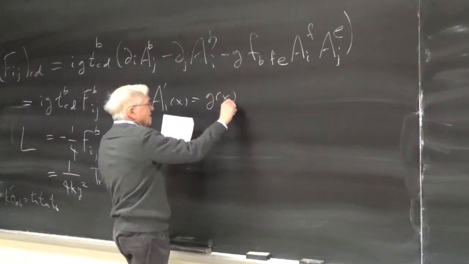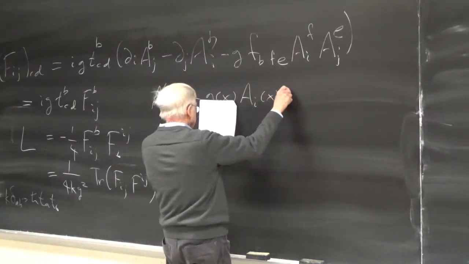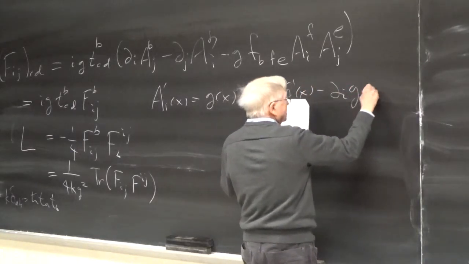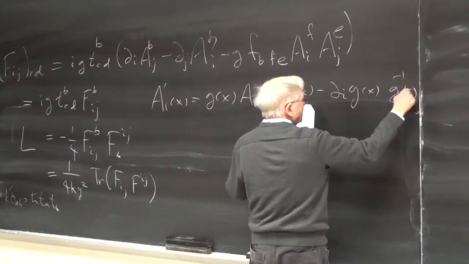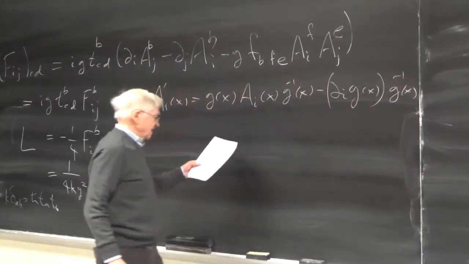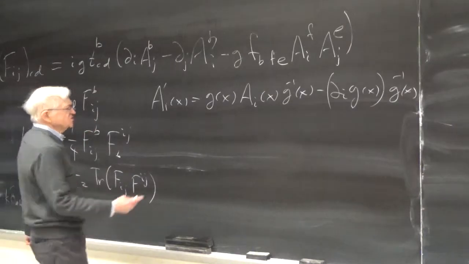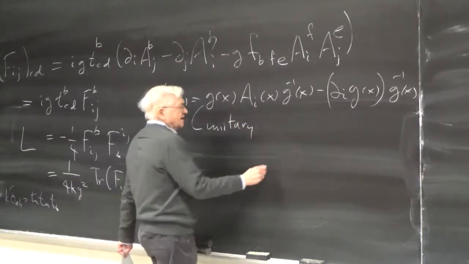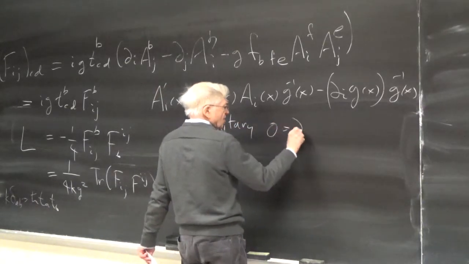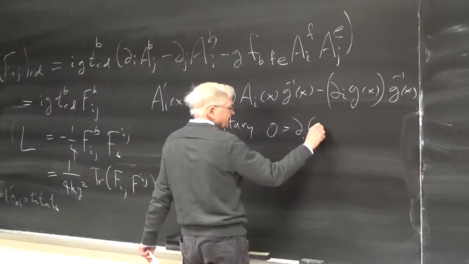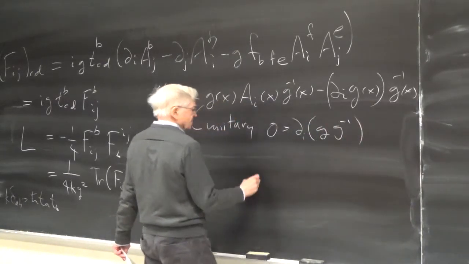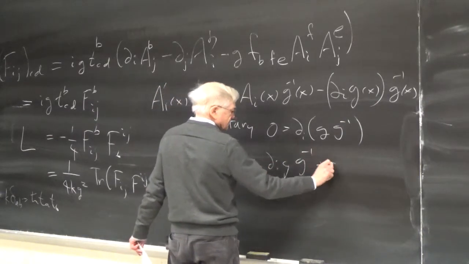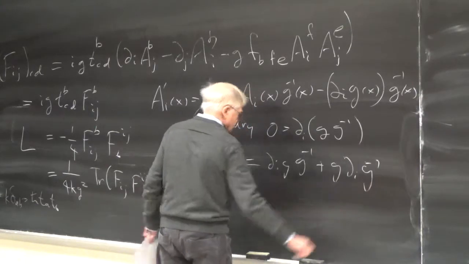Under a gauge transformation, the gauge fields do this. Here g is unitary. And consequently, any derivative of g g inverse is 0, and so you get that 0 is D_i g inverse plus g D_i g inverse.